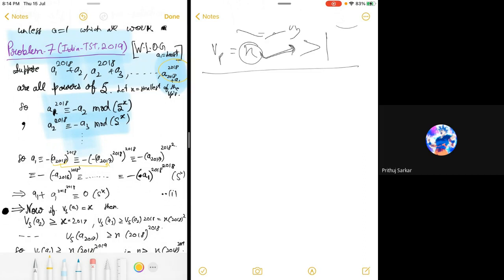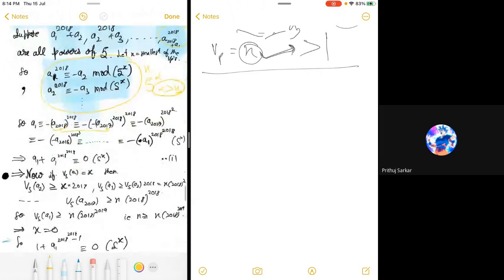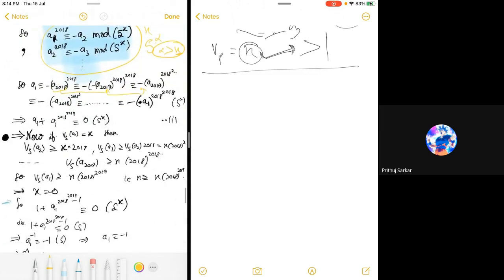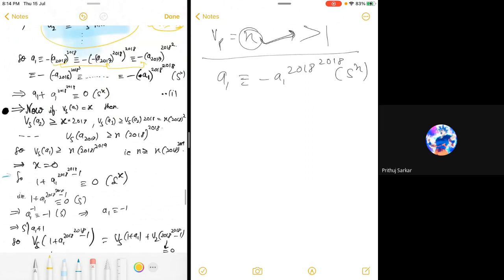And also all these equations are true because by definition x is the minimum vp. So we know that a1 to the 2018 plus a2 is 5 to the alpha, with alpha being greater than or equal to x by definition of x. So similarly, by just continuing this way, we get that a1 is congruent to minus of a1 to the 2018 to the 2018 modulo 5 to the x. So we get this, right.